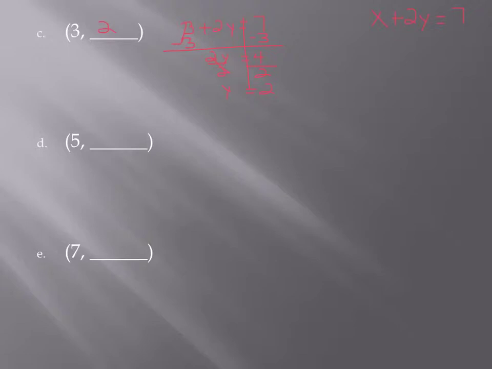On D, we'll substitute 5 in place of x. 5 plus 2y equals 7. Subtract 5. So 2y equals 2. Divide by 2, so y equals 1.